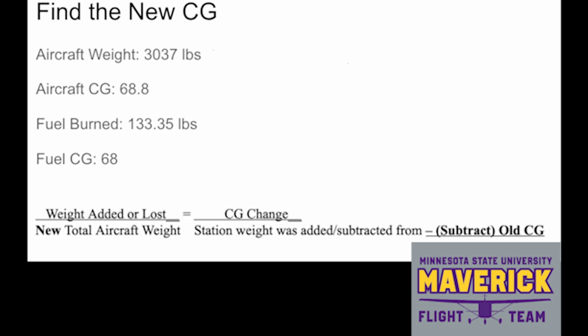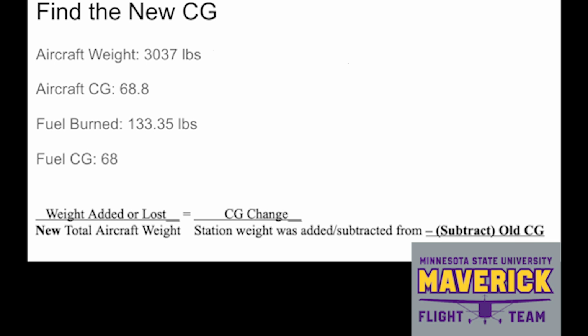Our aircraft weight is 3,037 pounds with a CG of 68.8. Now we're in flight and we burn about 133.35 pounds of AV gas, and the fuel CG is 68.